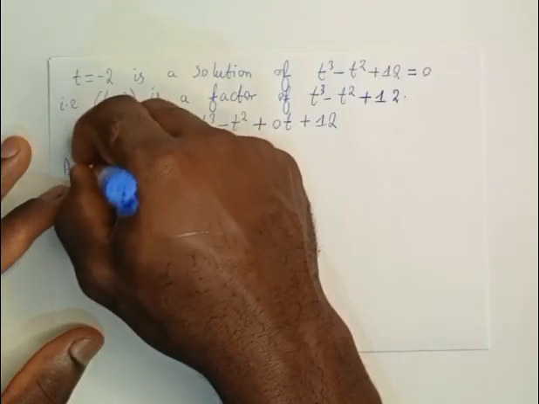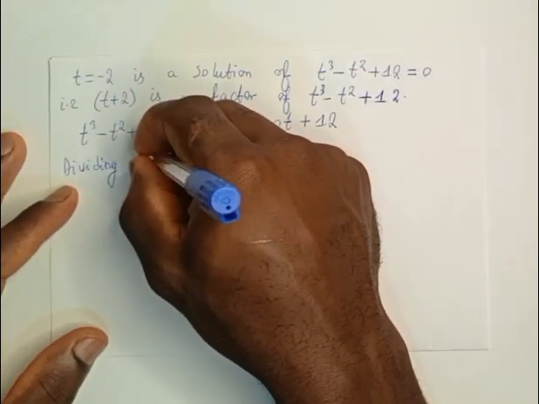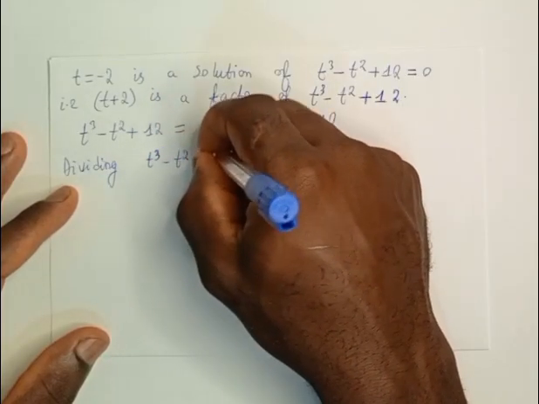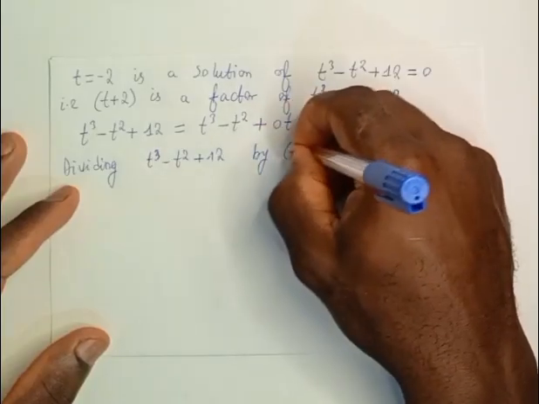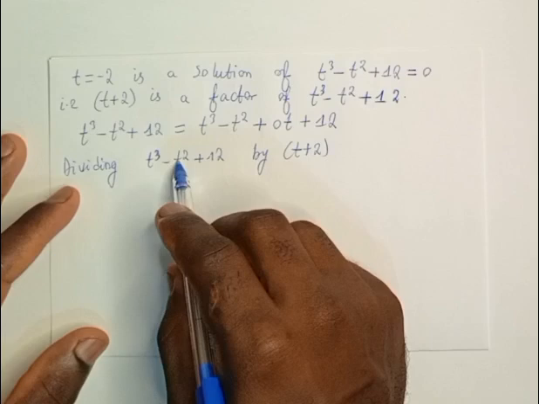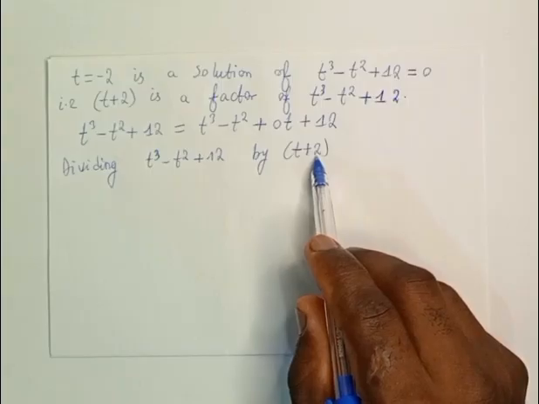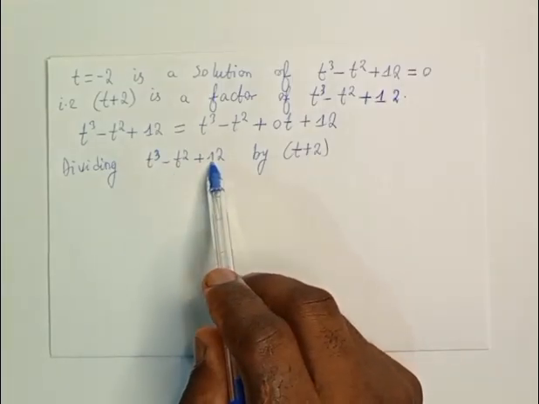dividing t cubed minus t squared plus 12 by t plus 2, which is a factor of this polynomial, we are going to obtain a remainder of 0. The remainder will be 0 because t plus 2 is a factor of t cubed minus t squared plus 12.